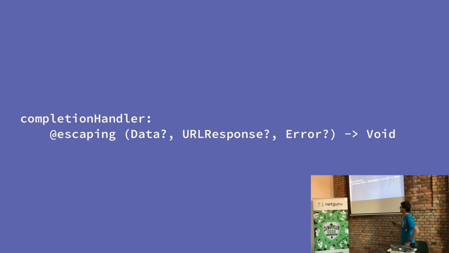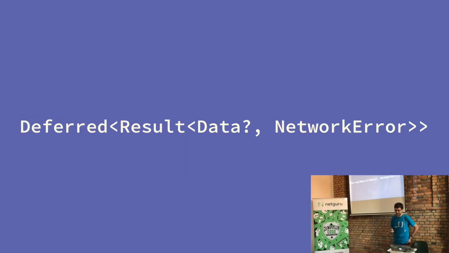And also, the funny thing is that the value might actually not exist either, because of this construction that is brought from Cocoa, from Objective-C. So the result should actually be used with the optional inside. So what we get is a deferred of a result of a data of a network error, which is a pretty huge number of containers already, layer in a layer in a layer. But that's not all.